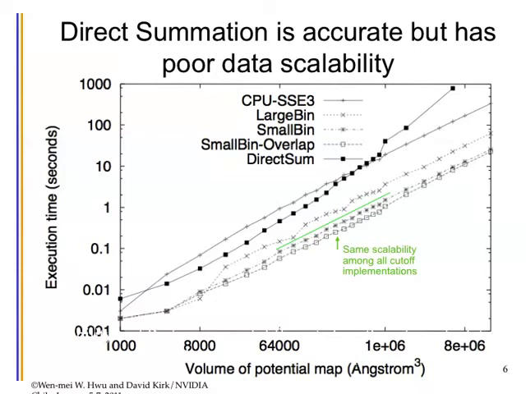What I'm going to talk about today is a set of binning techniques that allow you to efficiently resolve this problem, so that your execution is consistently faster than both the CPU execution and the direct Coulomb summation parallel execution, and it maintains good scalability all the way through. So that's what the binning techniques are for.